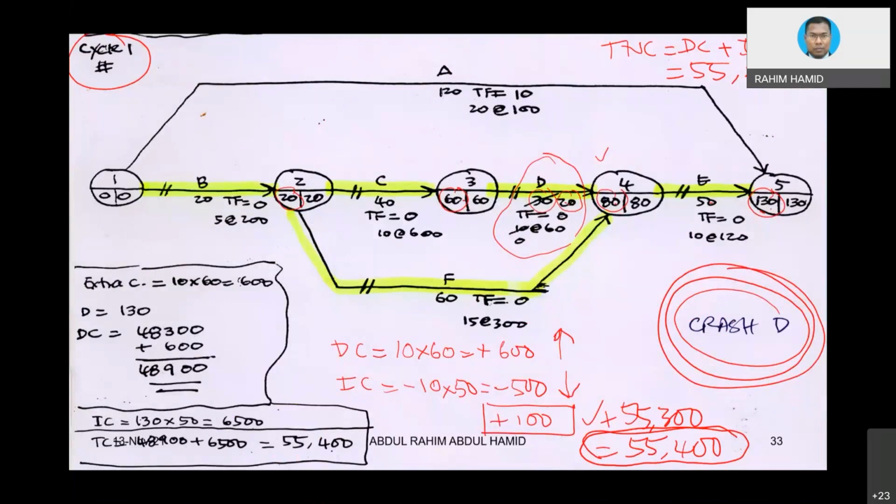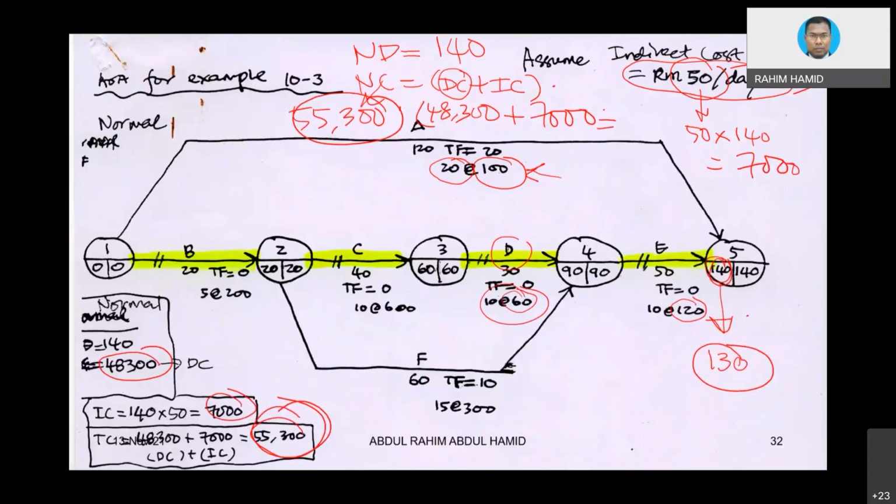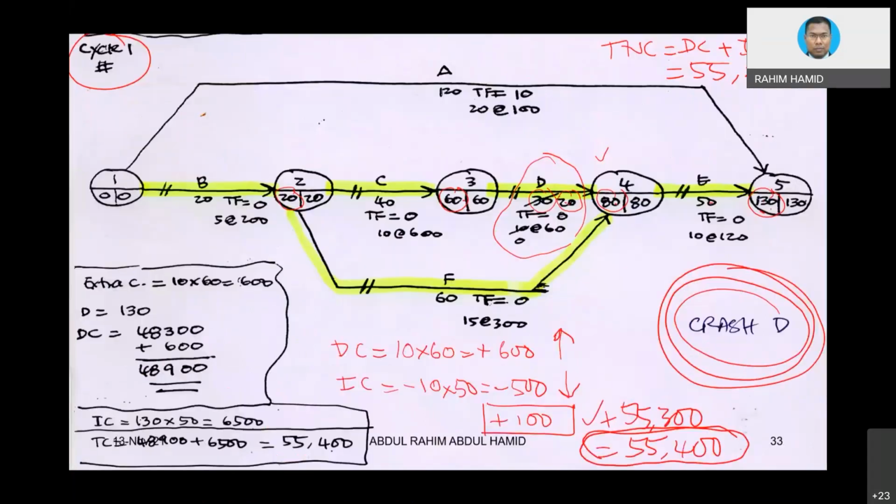So we notice that after we completed cycle number 1, doing the calculation and whatnot, look at the yellow mark there. It looks like the formation of a new critical path. Remember, previously the critical path was only one line. But now F is also critical.